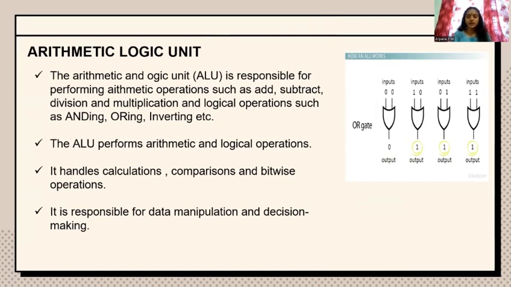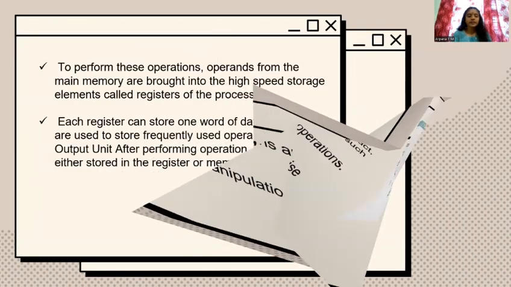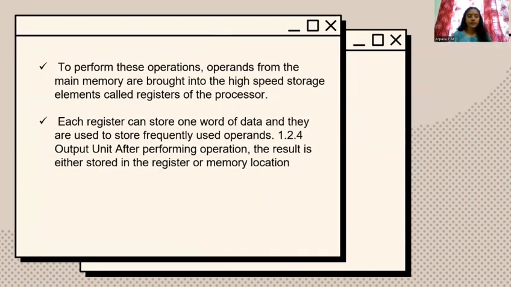As we can observe in this figure, this is the OR gate, which performs logical operations. In order to perform these operations, the operands are brought from the main memory into high speed storage elements, which we call the registers of the processor.